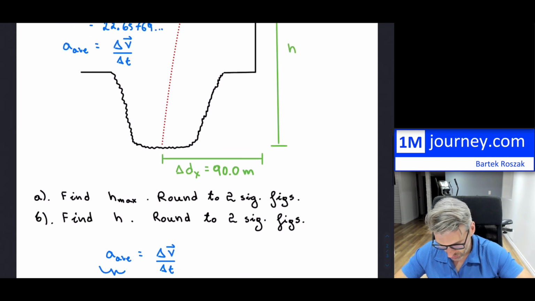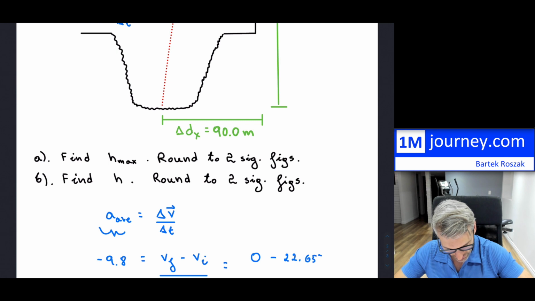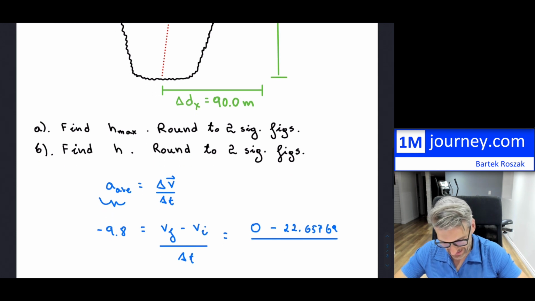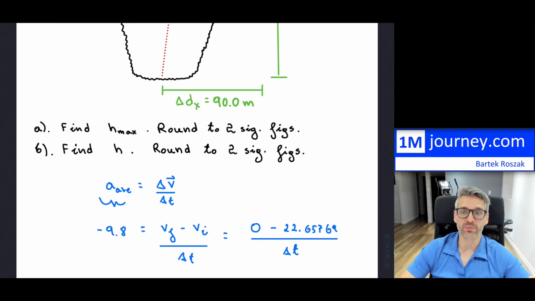So this is 22.65769, etc., divided by the delta t that I have in there. Now, I don't know what this exactly is, right? Why am I trying to find it? Because they're just asking me for the height.